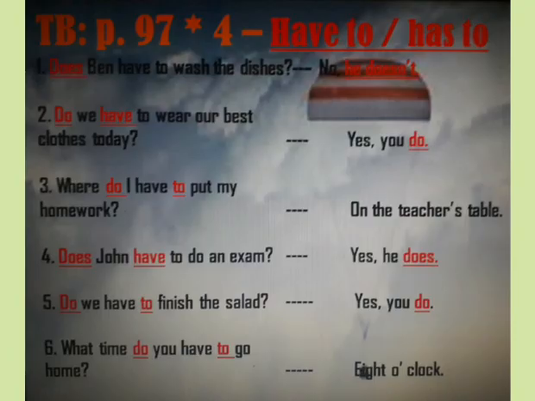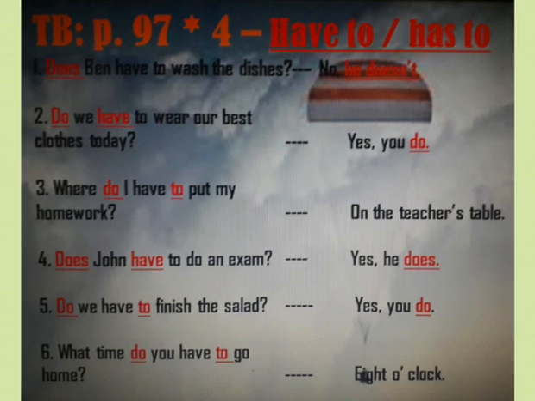On page 97, exercise 4, use have to and has to make questions and short answers. For example, number 1, blank Ben blank to wash the dishes. So the answer is, does Ben have to wash the dishes? The short answer is, no, he doesn't. So does, the negative is doesn't.